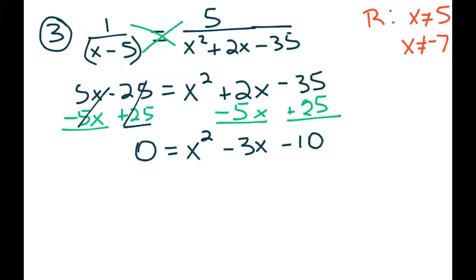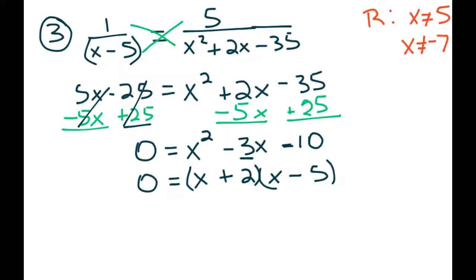Well, we did this all the time. If I want to solve a quadratic, I'm just going to factor. So I'm going to go ahead and bring my 0 down. I'm going to factor this quadratic, x and x. This last sign is negative, so I'm going to have a plus and a minus. And factors of 10, I'm going to use 5 and 2, because negative 5 plus 2 would give me the negative 3 in the middle.